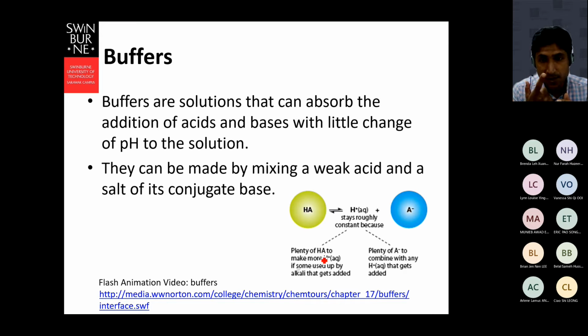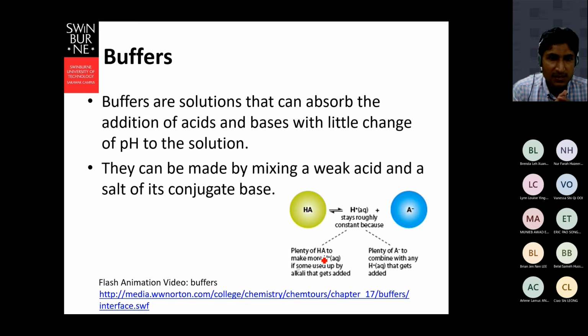For example, some of us use contact lenses, right? We have to keep them in a solution. That solution is a buffer type of solution, all right? And more importantly, our blood is itself a buffer, right?